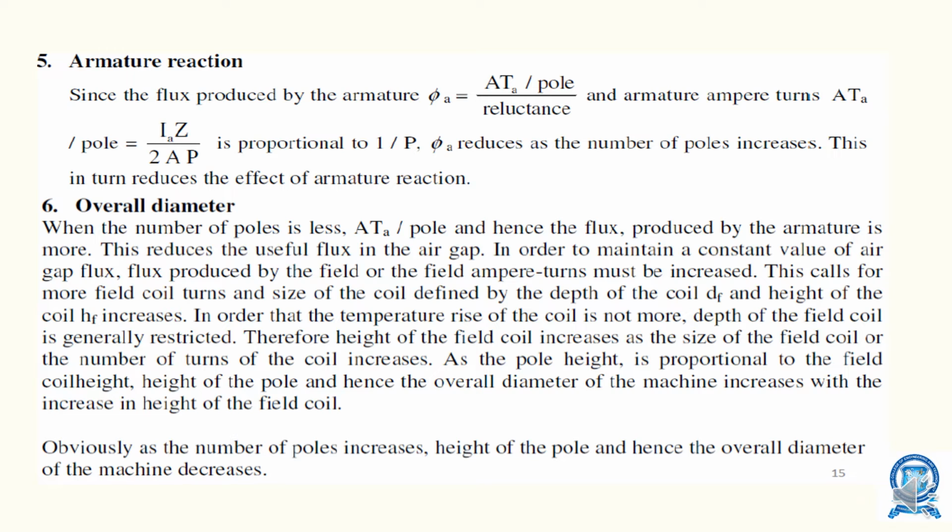Overall diameter. When the number of poles is less, ATa per pole and hence the flux produced by the armature is more, which reduces the useful flux in the air gap. In order to maintain a constant value of air gap flux, the flux produced by the field, or the field ampere turns, must be increased.